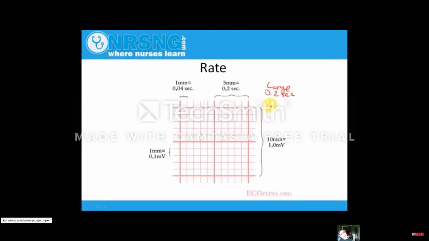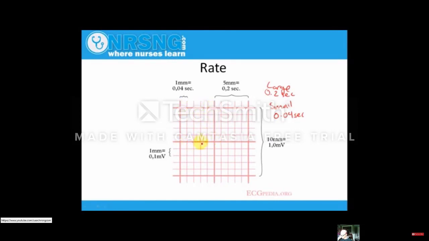So we can just count these small boxes between our QRS. Remember, every QRS should be about 1.5 to 3 small boxes, okay? So we can evaluate our QRS based on these facts. So large box is 0.2 seconds, the small box is 0.04 seconds, okay?